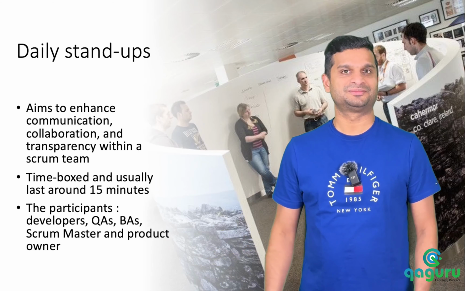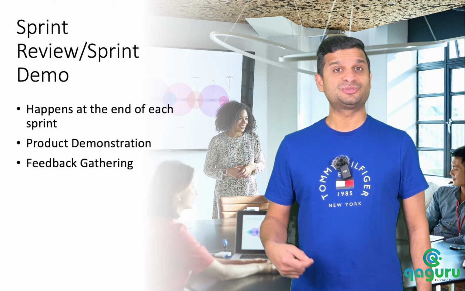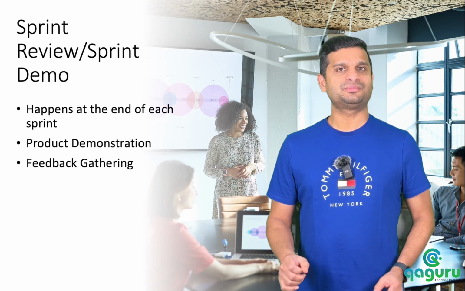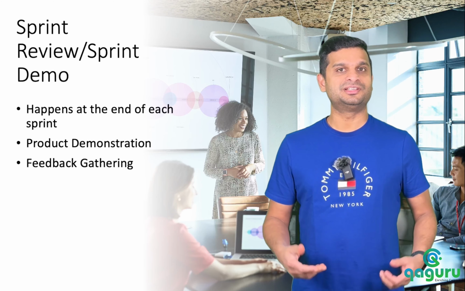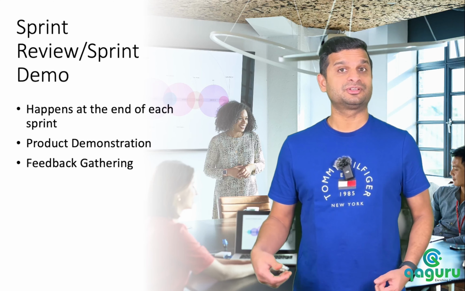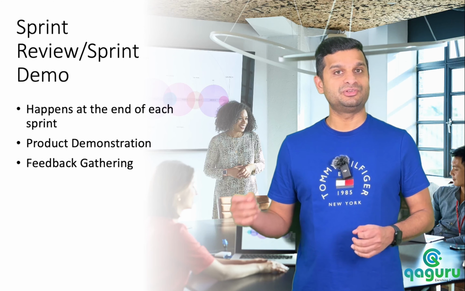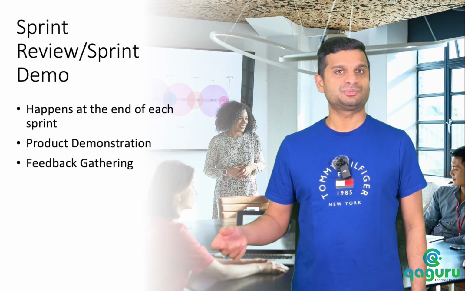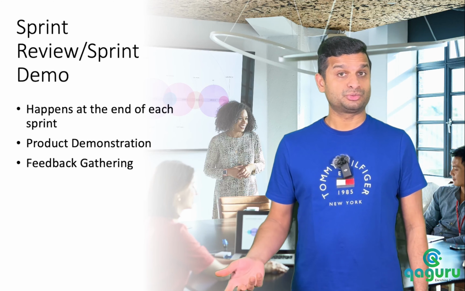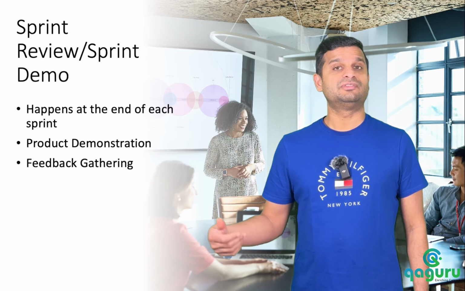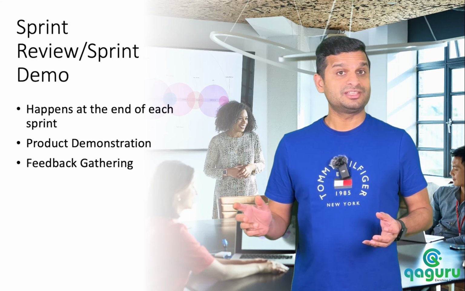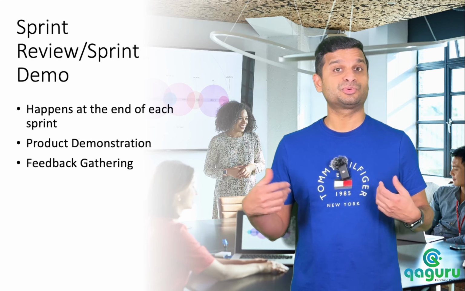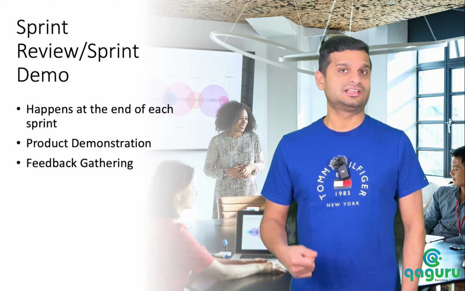A sprint review, also known as sprint demo, occurs at the end of each sprint cycle. Its primary purpose is to evaluate the work completed during the sprint and gather feedback from stakeholders. During the sprint review, the development team demonstrates the functionality implemented during the sprint to stakeholders, including product owners, customers, and other relevant parties. The team showcases the completed user stories, features, or tasks, highlighting the progress made and any challenges encountered.